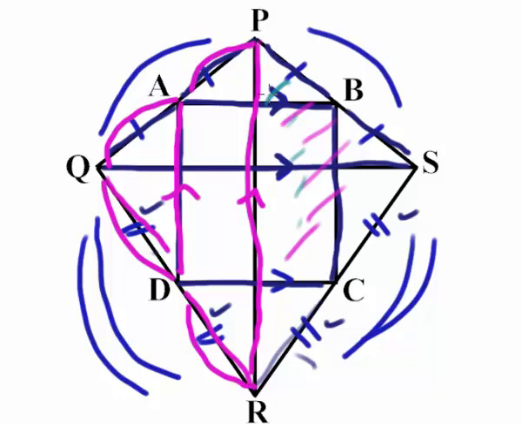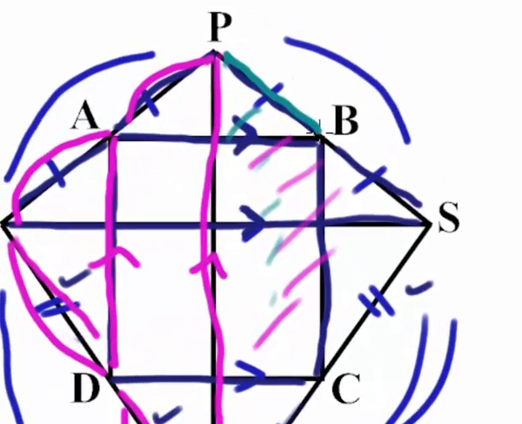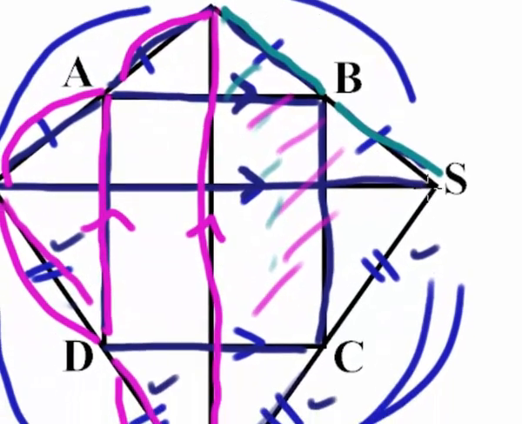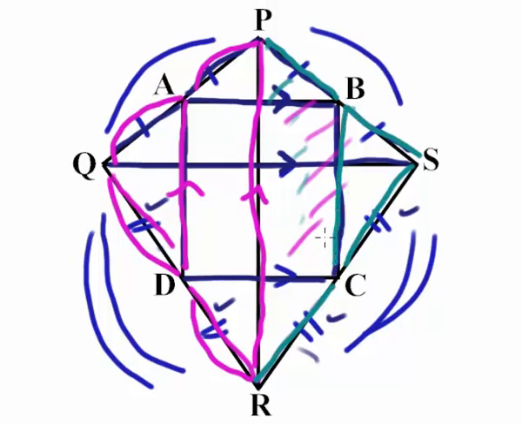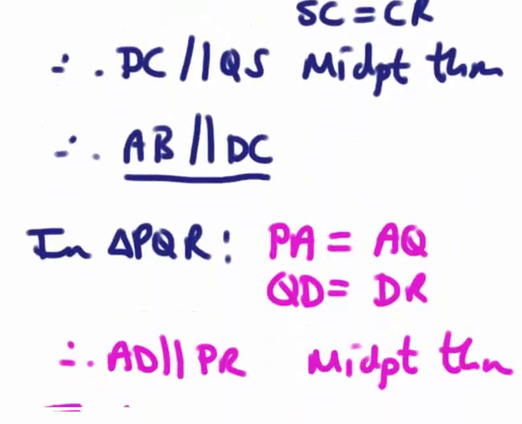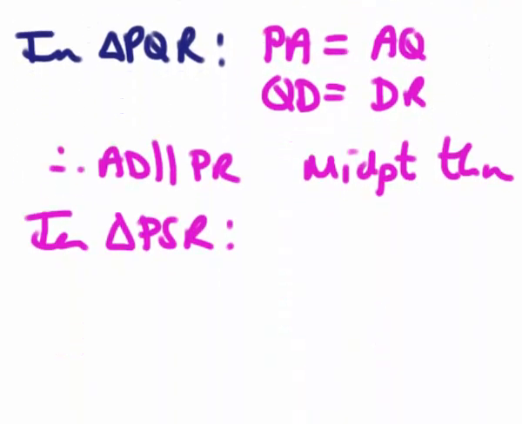PB is equal to BS, and SC is equal to CR. And therefore BC is parallel to PR, and if they're parallel, all three lines are parallel. So in other words, AD is parallel to BC. Let's just conclude that quickly. What do we know in PSR?